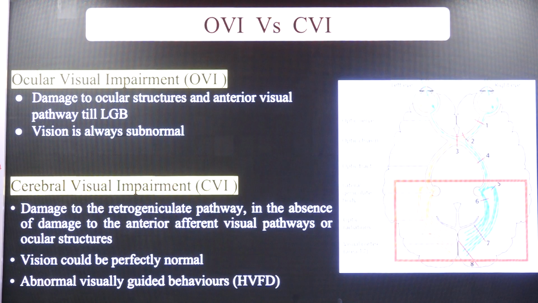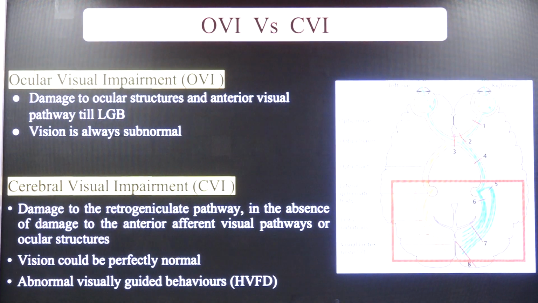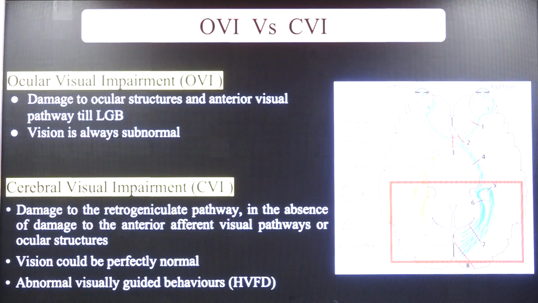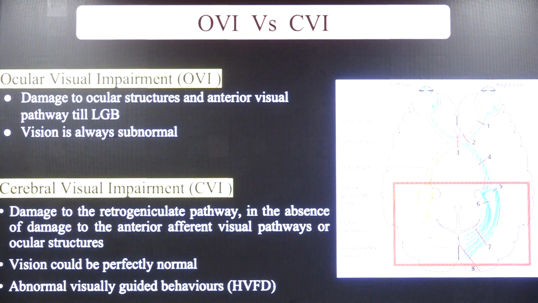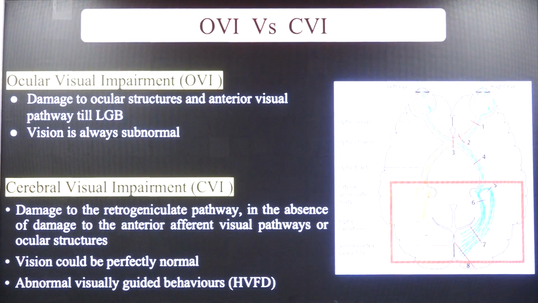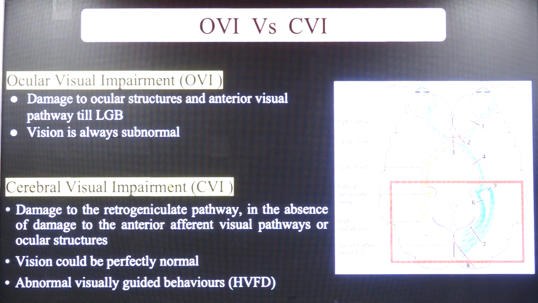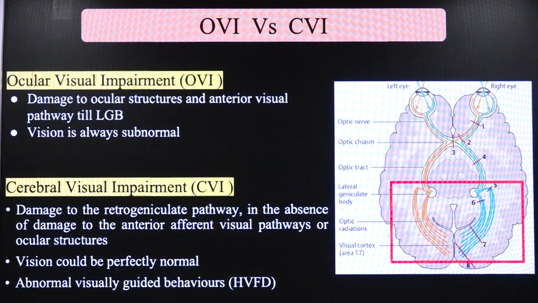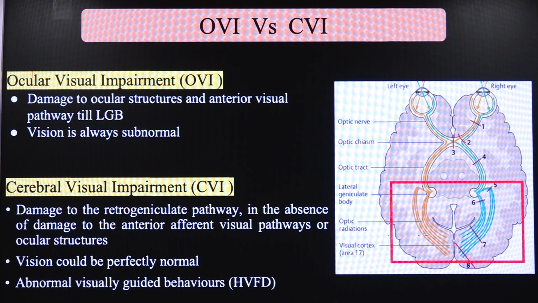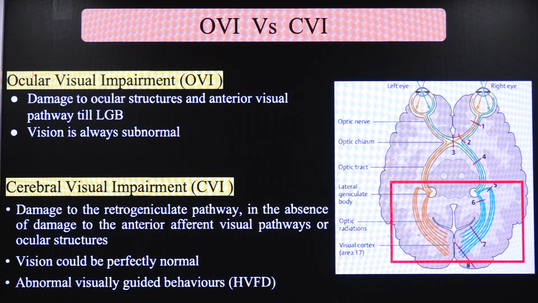So let me start with a little revision of what you have heard. We have OVI on one side and we have CVI. OVI is ocular visual impairment, where you have damage to structures from the eye to the visual pathway till LGB. And usually the vision in the traditional sense, that is acuity, contrast, color, is affected in OVI.